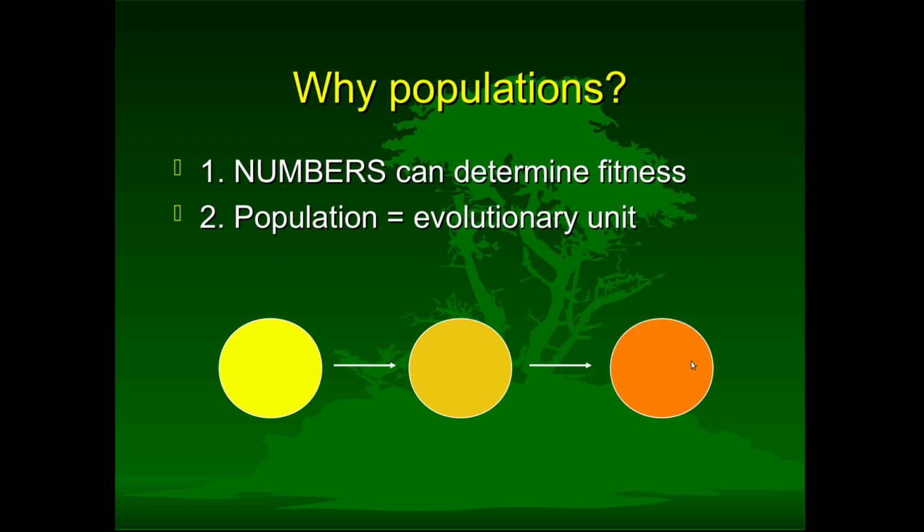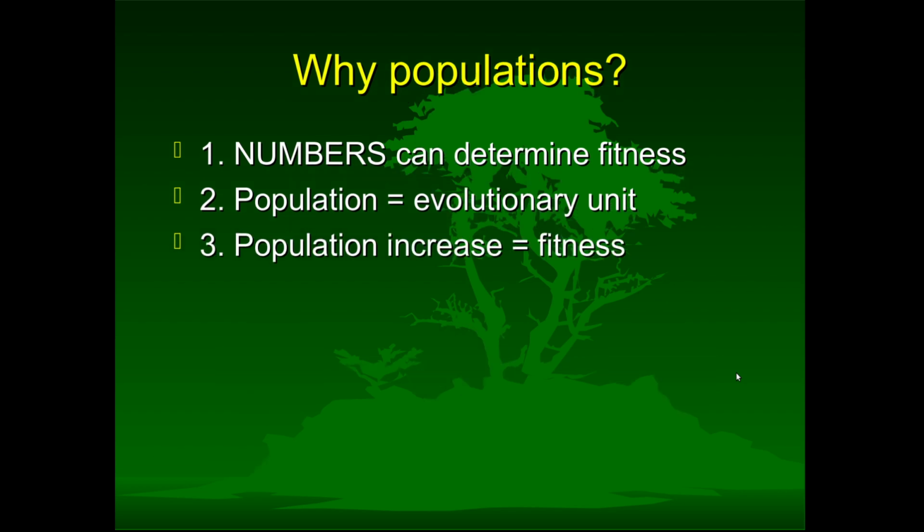So, evolution is something that happens to populations over time or lineages, not organisms by definition. But it results in a match between organisms and their environment. And that match tells us what kinds of organisms in the past were most successful at leaving offspring. So, number two, the population is the evolutionary unit.